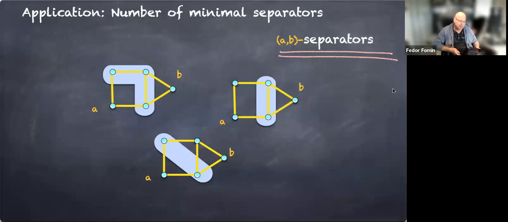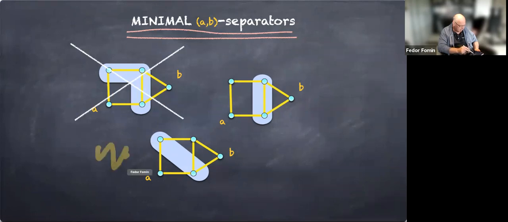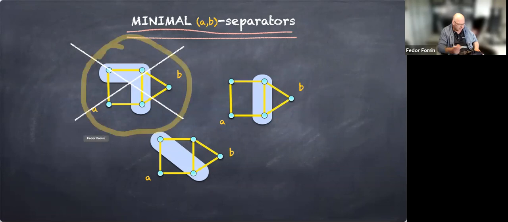So here are examples of separators. A minimal separator is a separator which is inclusion minimal. On this example, this separator is not inclusion minimal, right?